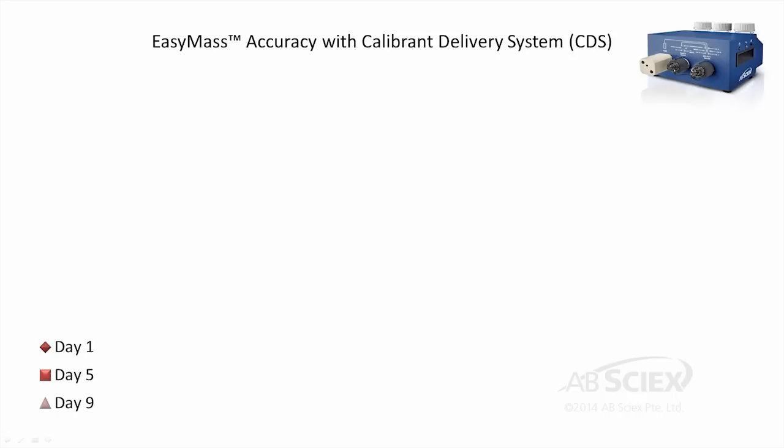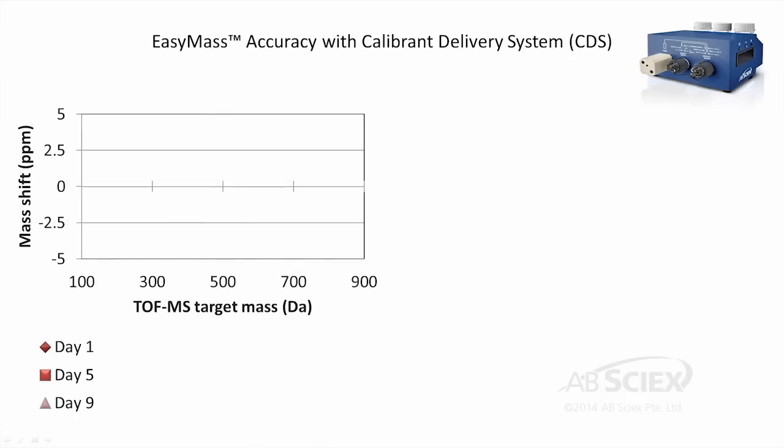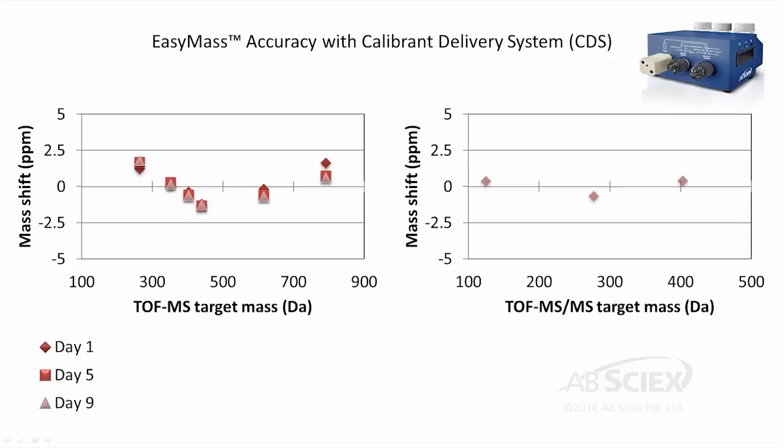We spent 9 days testing dirty swine lagoon water samples for low-level hormone and steroid compounds, and throughout the duration of our study, the TripleTOF system maintained mass calibration within 2 ppm accuracy for compounds ranging in mass from 250 to 800 Daltons. Additionally, the TOF MS-MS maintained lower than 1 ppm mass accuracy across the lower mass ranges of 125 to 400 Daltons.